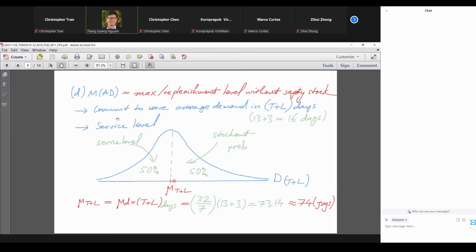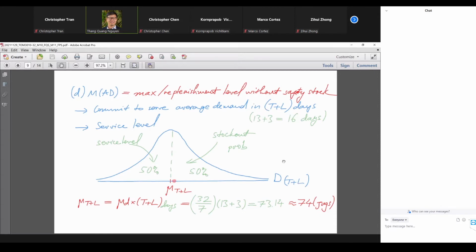In this MAD part, we only commit ourselves to serve the average demand. Demand is depicted by this distribution. Demand is fluctuating, but we only carry enough to serve the average demand during the T plus L.